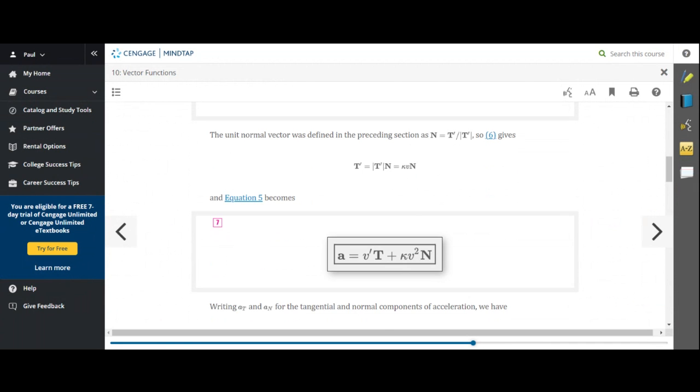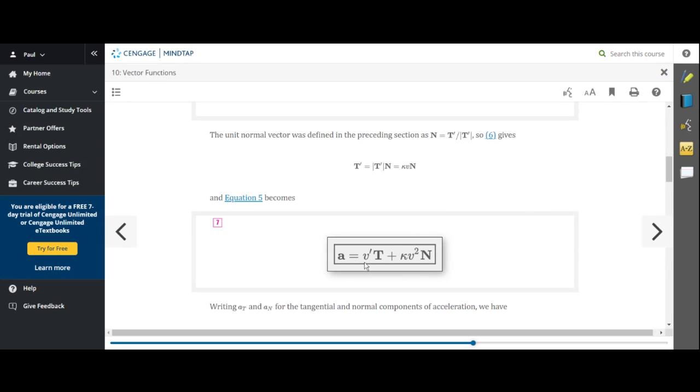But look here, they show that the acceleration vector is a linear combination of the tangent vector and the normal vector. The acceleration vector lies in the plane that contains the tangent and normal vectors. In other words, it lies in the osculating plane.